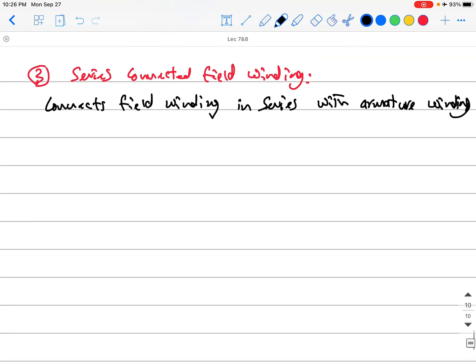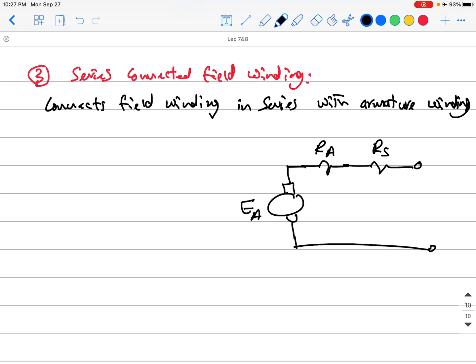Okay, so the equivalent circuit will look something like this. That is R series, which is the series field winding, and RA, that is the armature resistance, and that is the induced EMF. So for motor mode, you will need just one DC source like this.